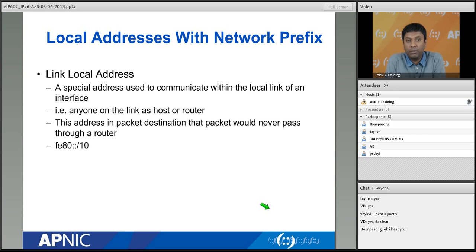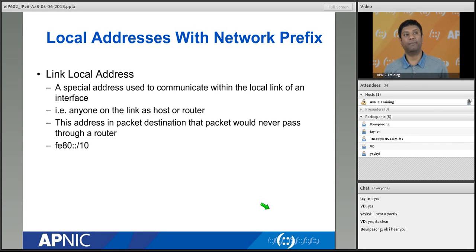If there is none, it will come up with an address which starts with 169, right, in IPv4. So this is an example of link local. That address can be used within the LAN, but it didn't have any standard. Only Microsoft tried that. But in IPv6, it becomes a standard.